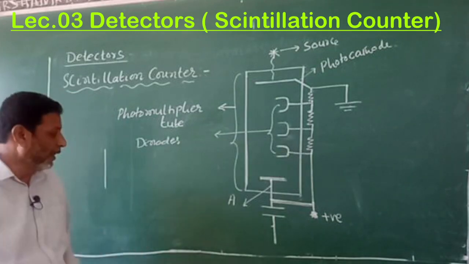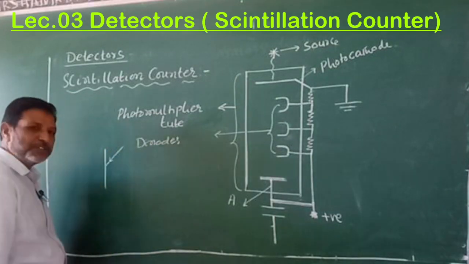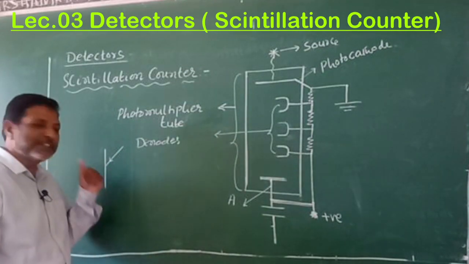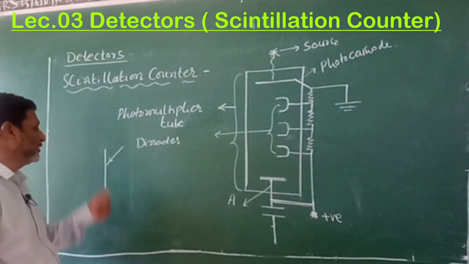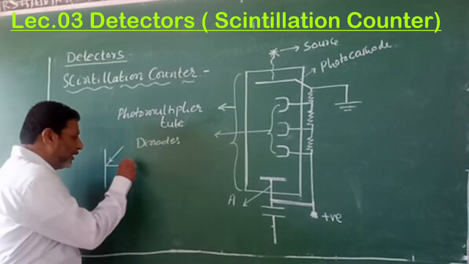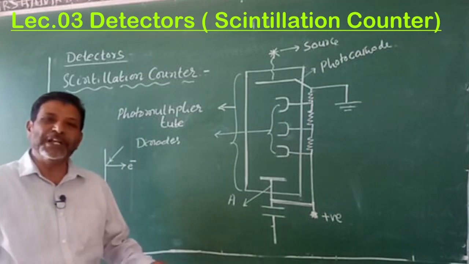Its meaning is that when radiation of suitable frequency is incident on it, only then does it emit electrons. If just any radiation is incident on it, it will not emit electrons. This phenomenon is known as the photoelectric effect.